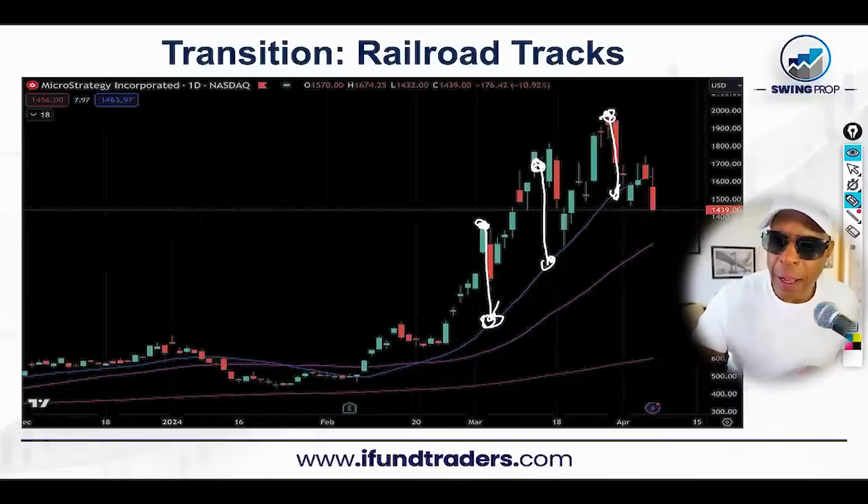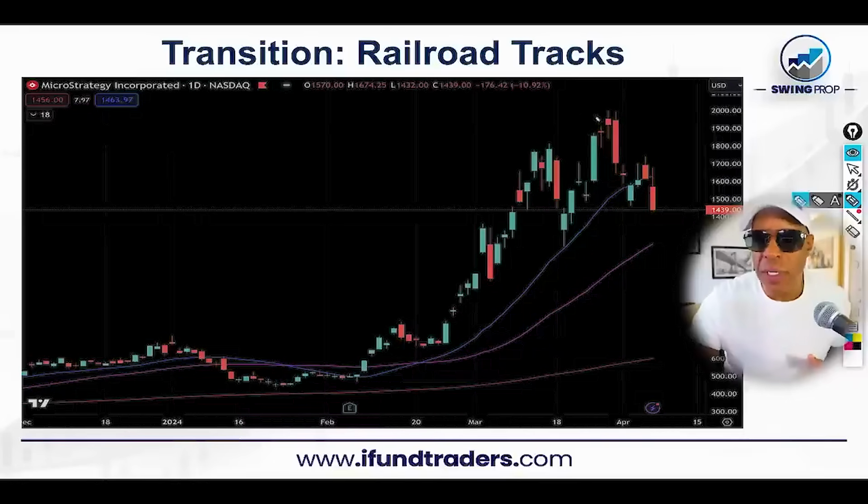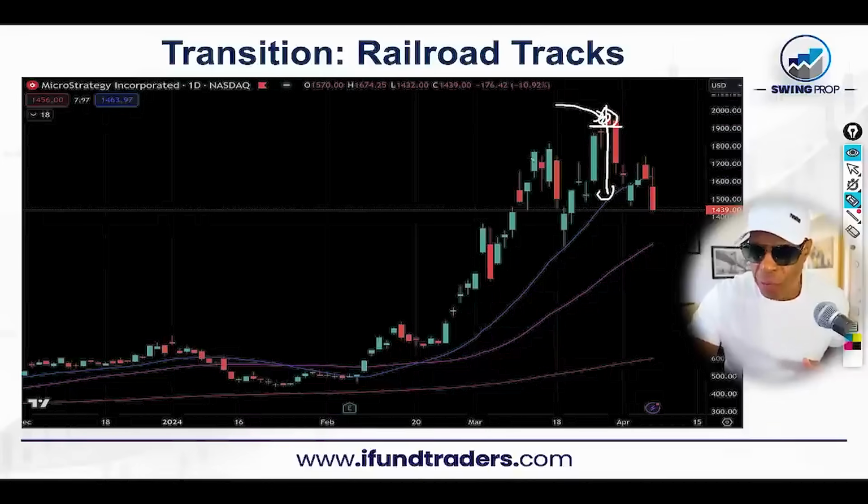All right? And so imagine the people that don't know this concept who think this is a buy right here. They would think this is a buy because it's taking out a red bar or something like that. But you're in the wrong zone. You see how this green is taking out that red right there?